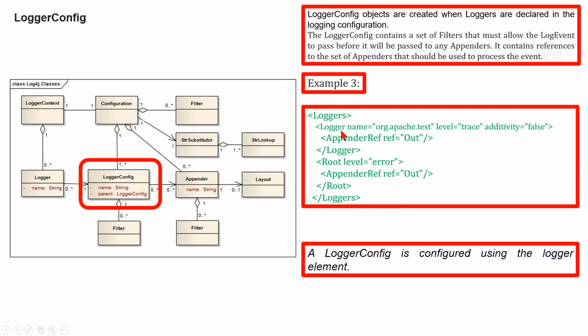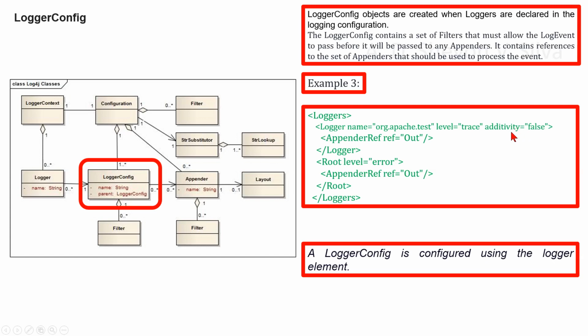Here you can see LoggerConfig is configured using the logger element, and loggers are here, and the logger element must have a name attribute specified. You will usually have a level attribute specified, and may also have an additivity attribute specified.